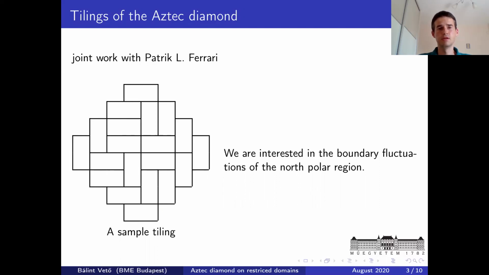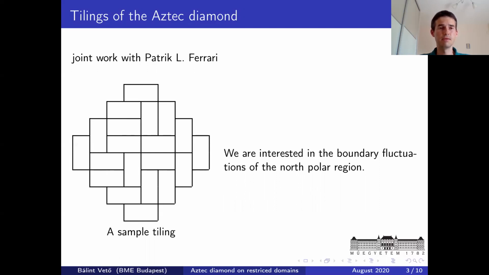And as you increase the size of the domain, you will see that not only a few of these dominoes, but also a macroscopic portion of them will follow this regular pattern, and this we call the so-called polar region, because they are close to the 4 corners.